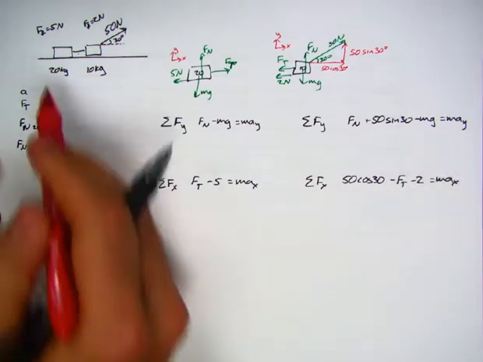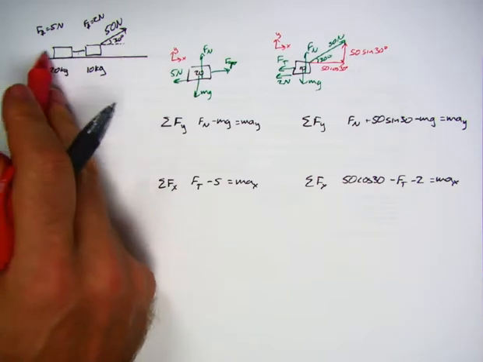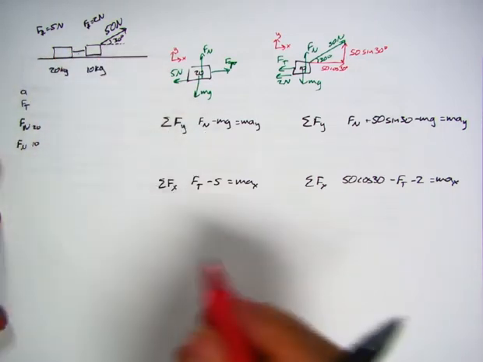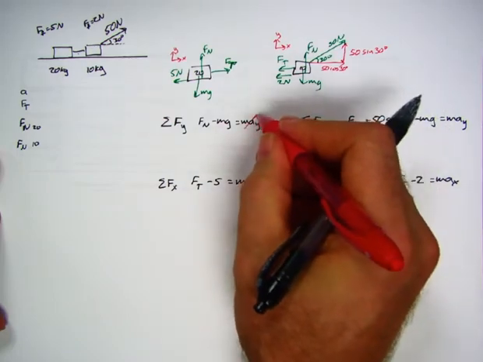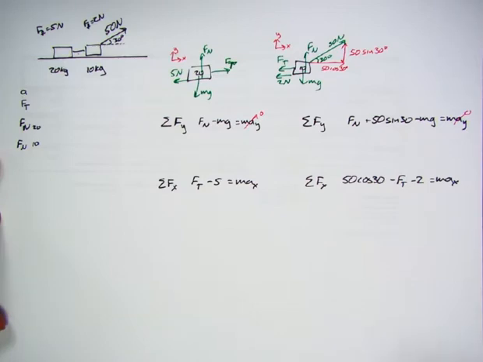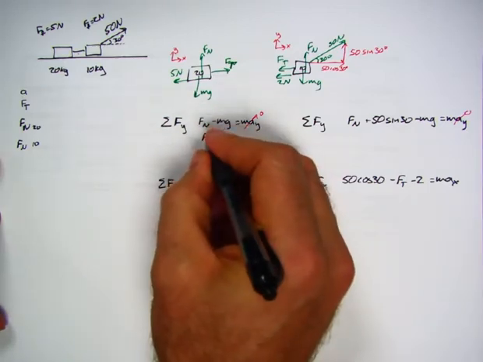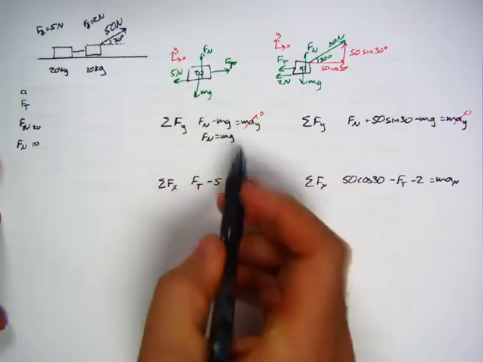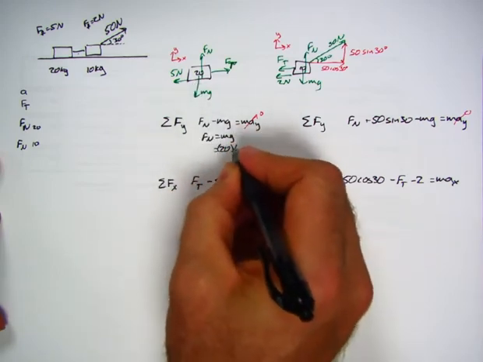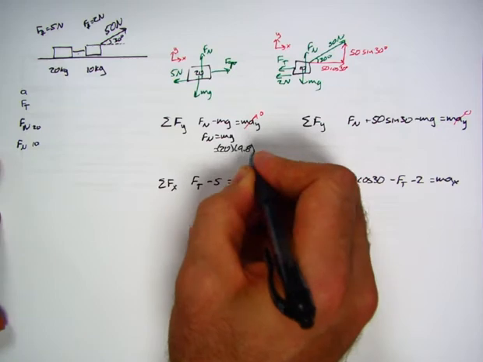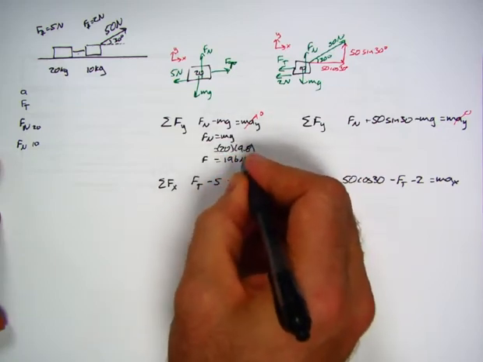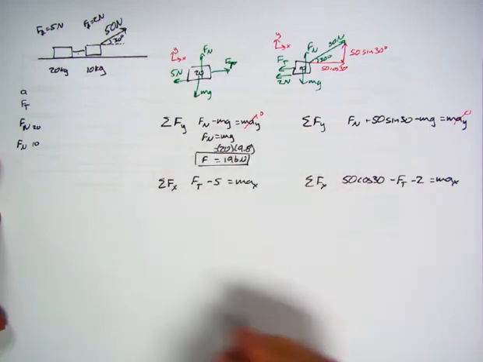Again, because this thing is not changing its motion in the y direction, we're just sliding to the right as we pull. That means that these accelerations are going to be 0, and that allows us to solve these immediately. The normal force is going to be equal to mg, and in this case, it's going to be equal to 20 times 9.8. So the normal force is going to be 196 newtons for the 20 kilogram box.